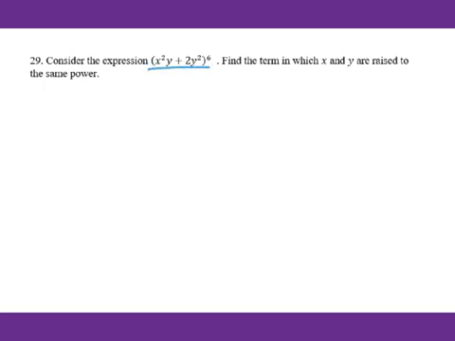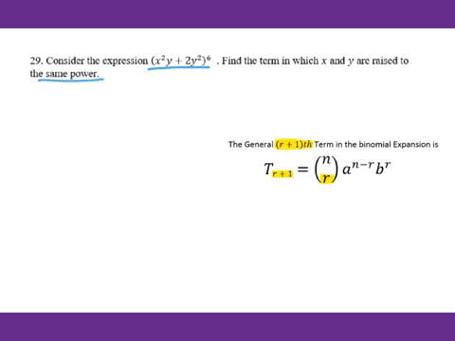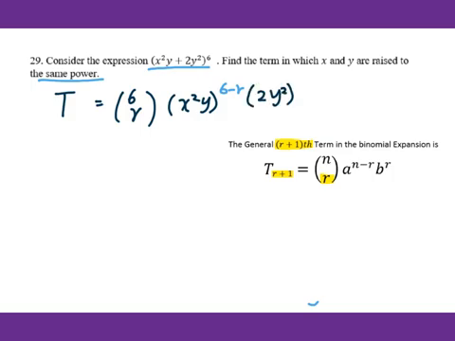Now for 29, consider the expression. Find the term in which x and y are raised to the same power. First of all, we will write down the general term for this binomial expansion. You will get 6 choose r, x squared y to the 6 minus r power, and 2y squared to the r's power.